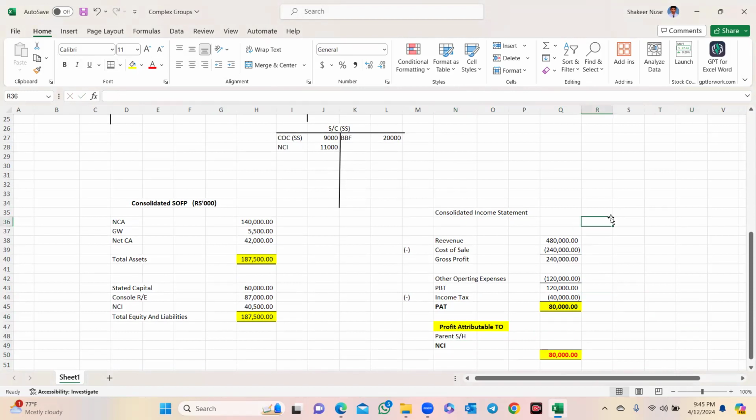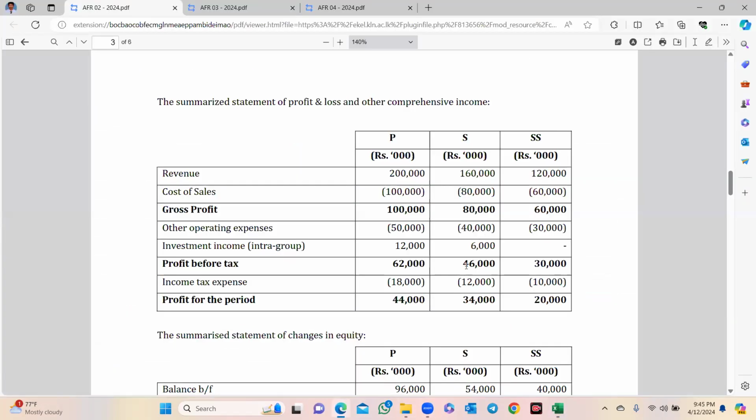NCI, profit earned by S, how much is it? 34,000. Here you can see the profit for the period of S is 34,000.